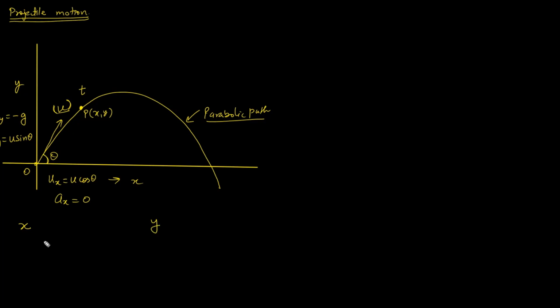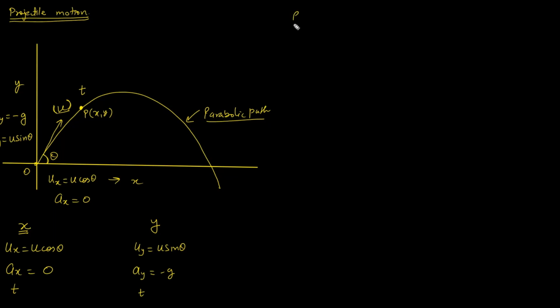Along x-axis, the x coordinate is x only, initial velocity is u cos theta, acceleration along x-axis is 0 and time is common. Along y-axis, initial velocity u sin theta, acceleration is minus g and time is common.